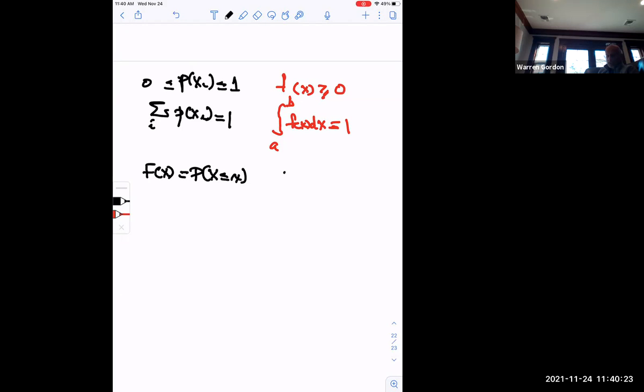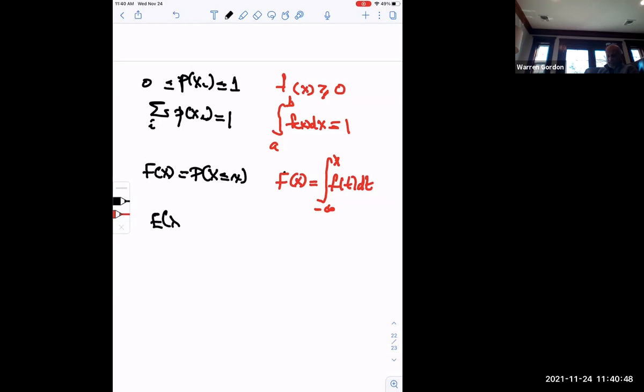For the continuous case, we'll have F of x is the probability, the integral from minus infinity up until x of f of t dt. Where this is a sum, this is also a sum. Actually, it's an infinite sum.